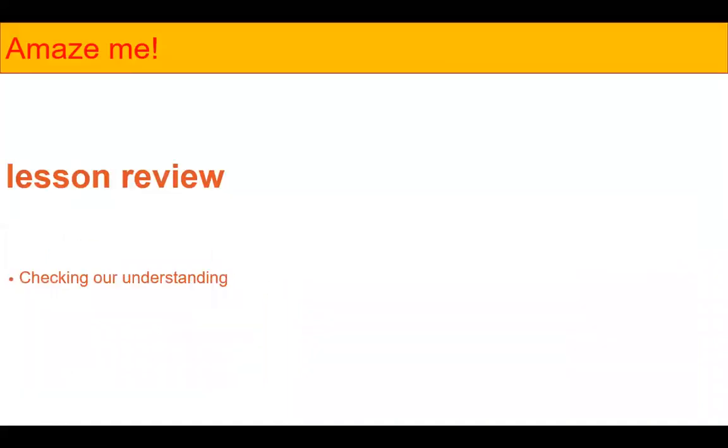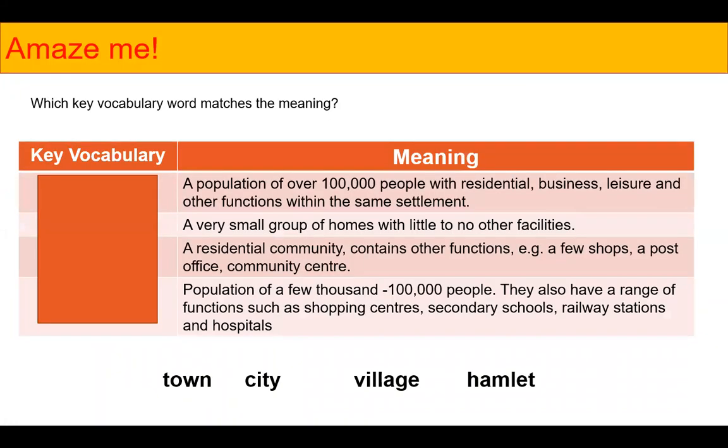Okay, and then we're going to move on to our lesson review and checking our understanding. I'm going to read out the four definitions, and we are going to go through each one and see if you can get the right answer. First, which of these settlements has a population of over 100,000 people with residential, businesses, leisure, and other functions within the same settlement? Second, which settlement is a very small group of homes with little or no facilities?